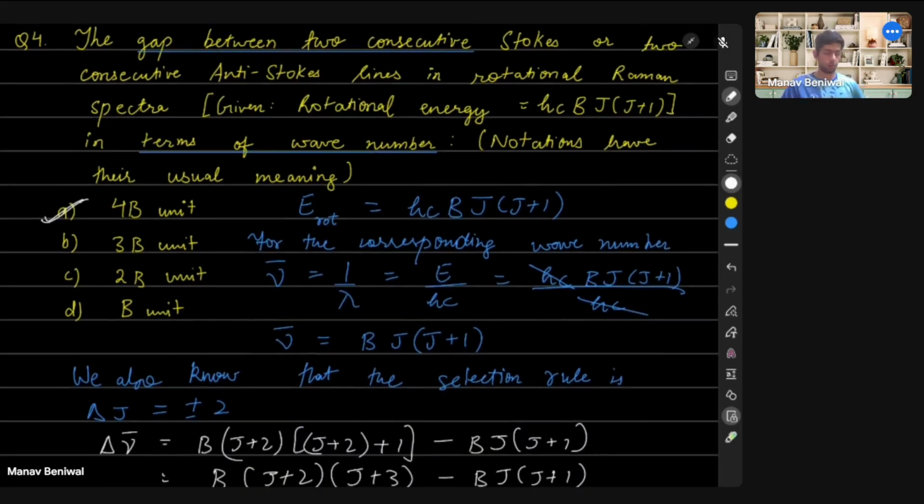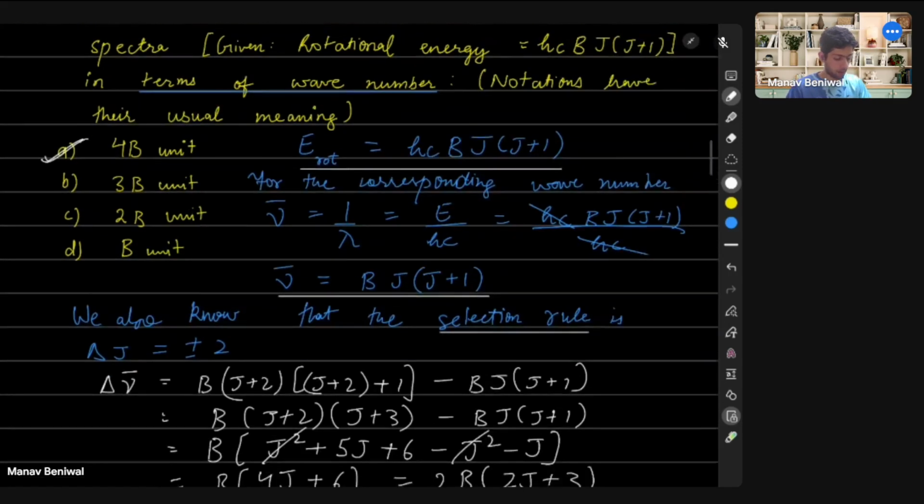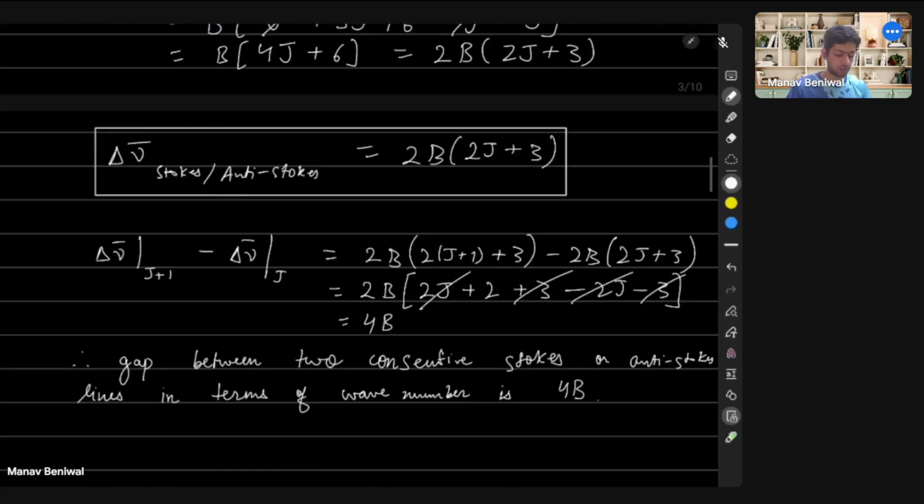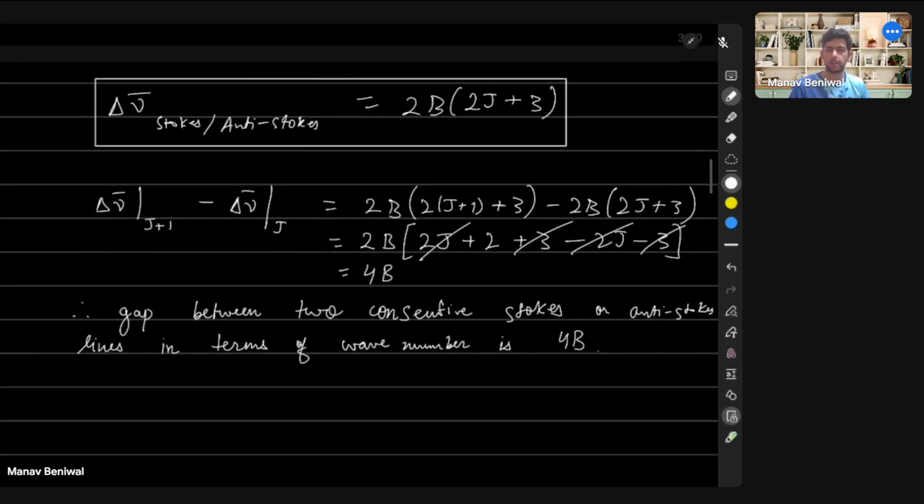So we started with the rotational energy, then we wrote it in terms of wave number. After that we applied the selection rule, and from the selection rule we get this relation, delta nu bar equals 2B(2J plus 3). So the selection rule is embedded into it.